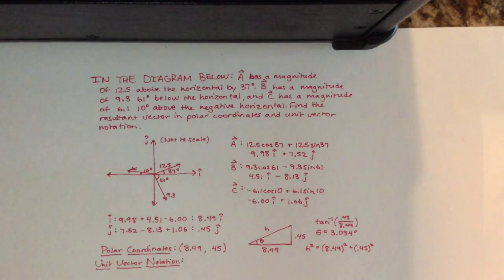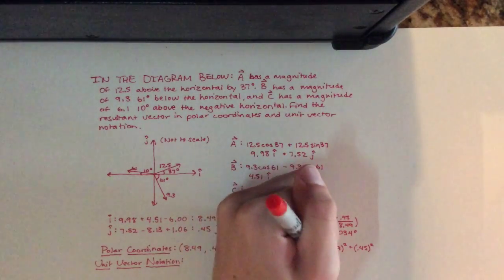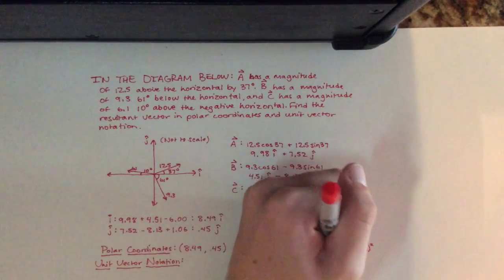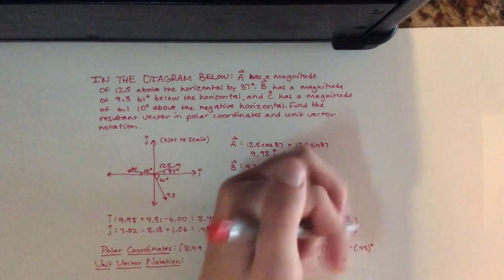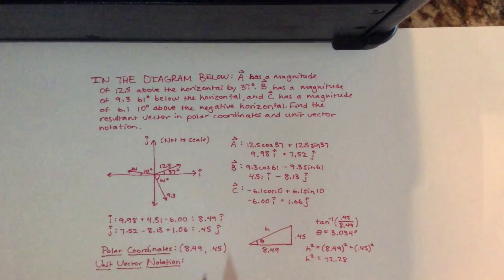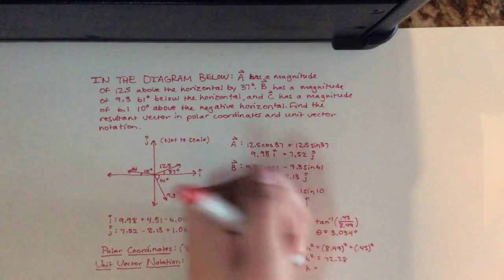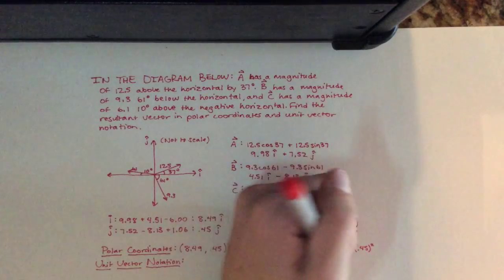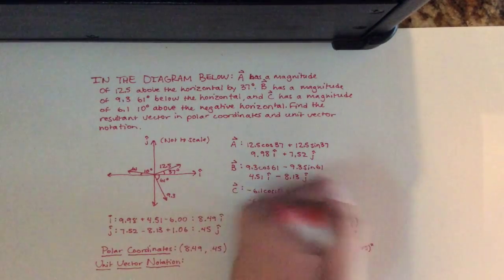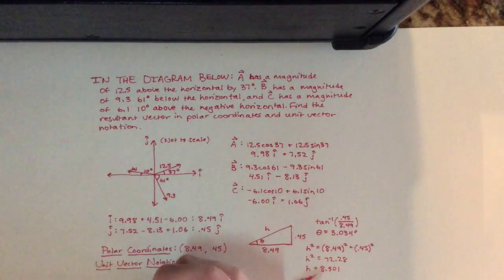So say we had negative 8.49, if you square it, you'll get the same thing as if you were to square positive 8.49. And so you do that calculation, you should get h squared equals 72.28, bunch of other numbers. You keep that in your calculator right now, and take the square root of your answer, which shouldn't be too hard. If you do that, you should get 8.501. So there's the magnitude of your resultant vector.